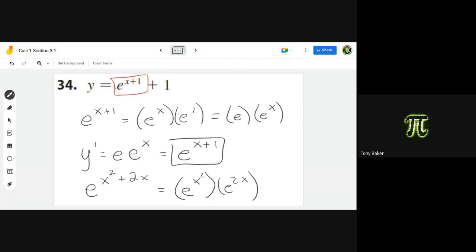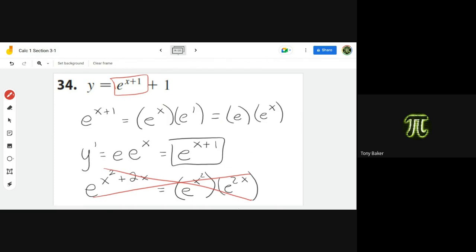And neither of those has pluses to be able to break them down any further. So this, as of right now, you can't do. But since this one was x plus 1, it works out that way.